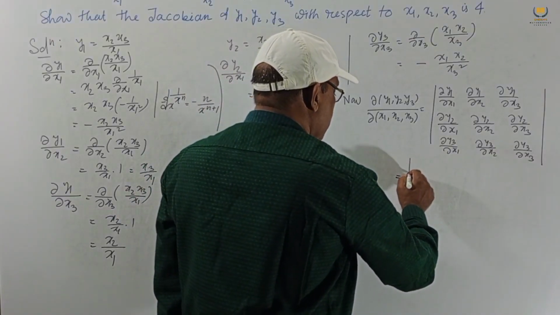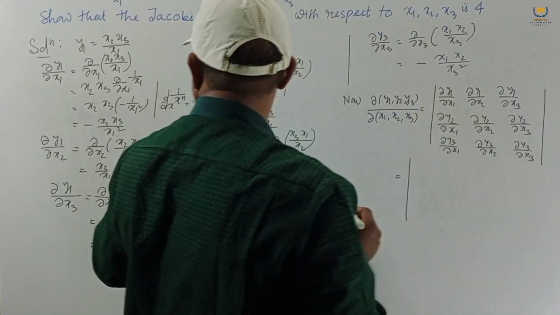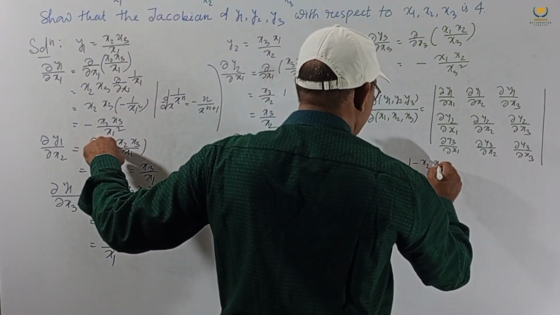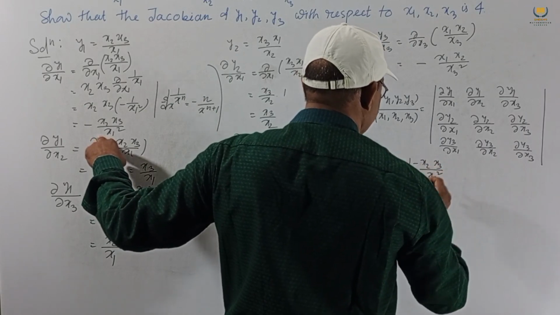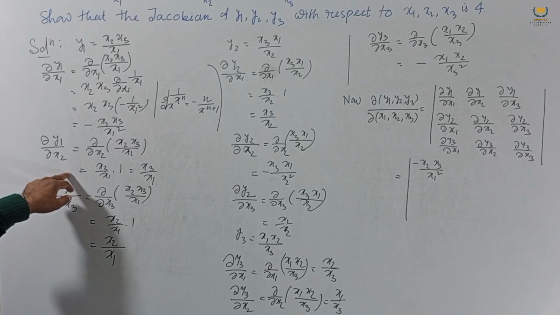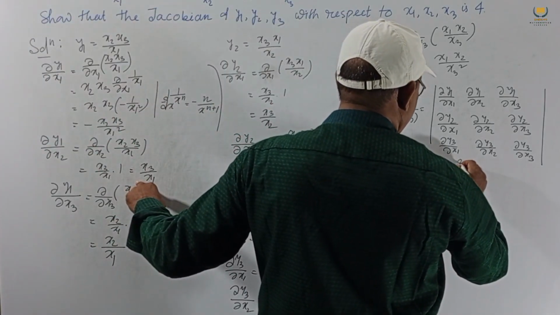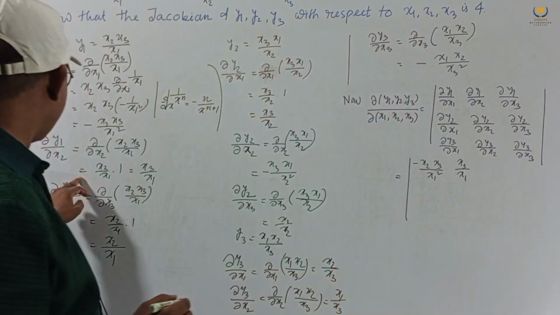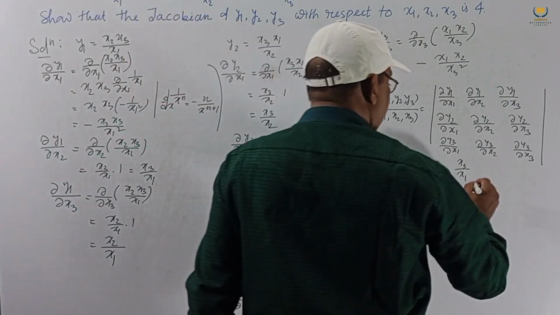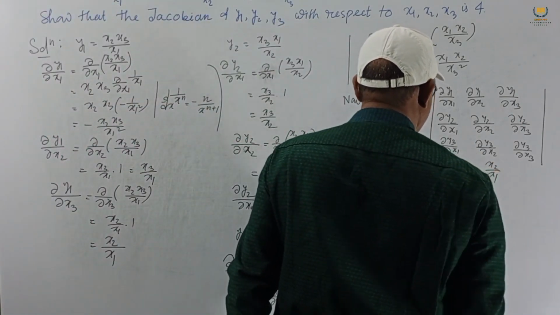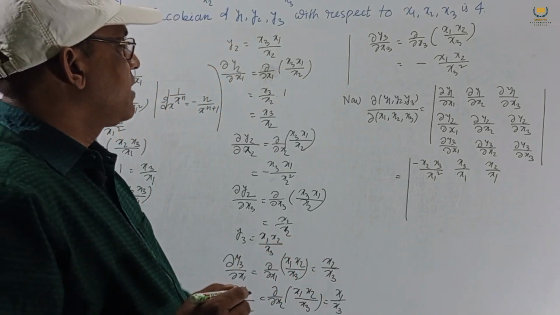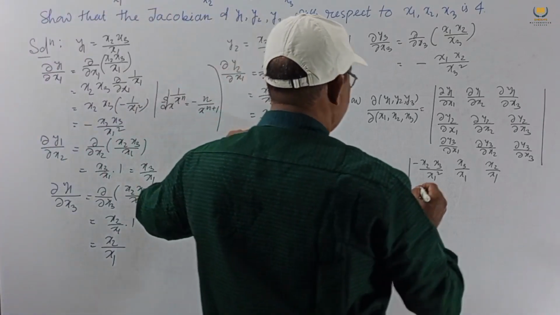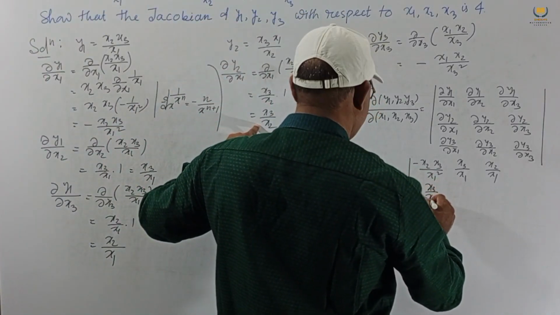Now putting in the values: del y1 del x1, this value is minus x2 x3 by x1 whole square. Del y1 del x2 is x3 by x1, and del y1 del x3 is x2 by x1. Similarly, del y2 del x1 we get x3 by x2.